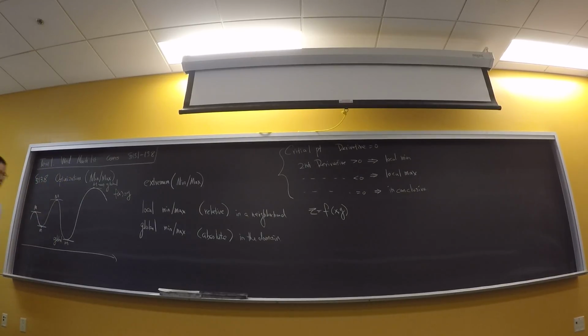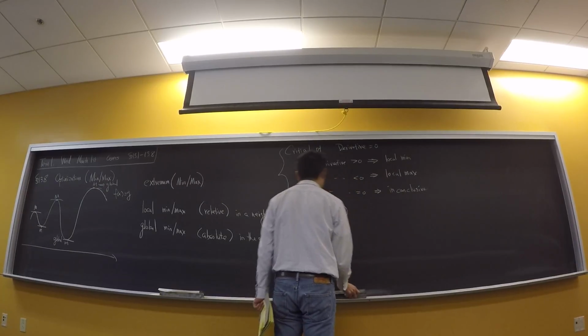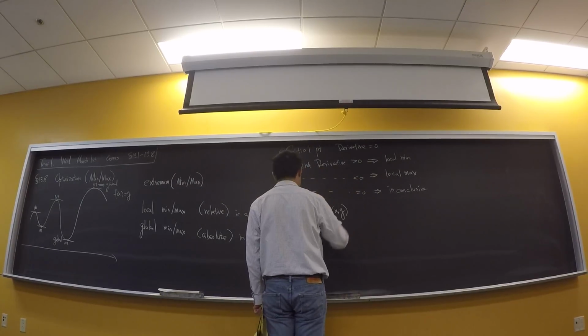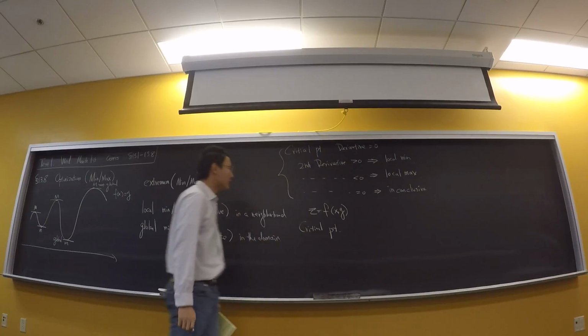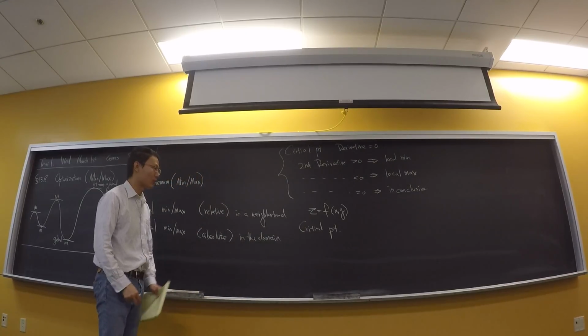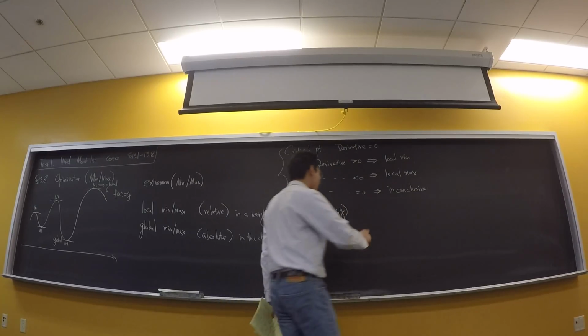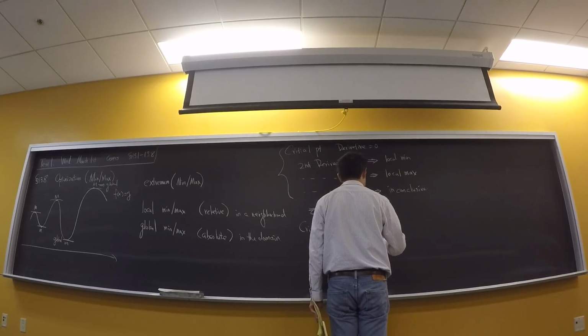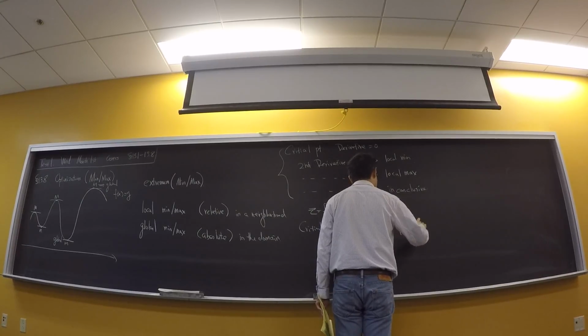The second order derivative test and the first order vanishing test also work for multivariable calculus. So I want to quickly give you the definition. For a point to be a critical point, when you have two independent variables, we require the partial derivatives to all vanish. So fx equals fy equals 0.